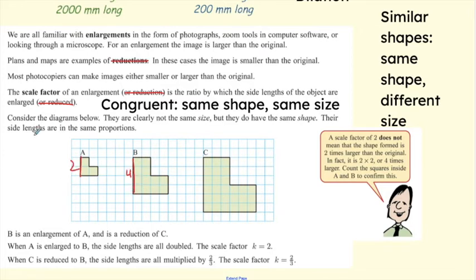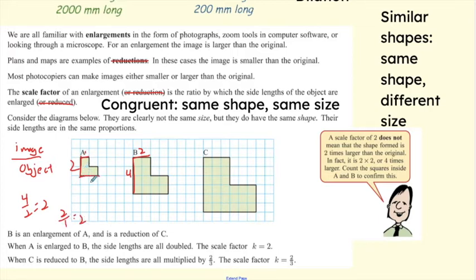Remember, this is our image over our object, our new one over our old one. So image over object, 4 over 2, I get 2. If I use this side of 1 and a side of 2, my image side is 2, my object side is 1, gives me 2.